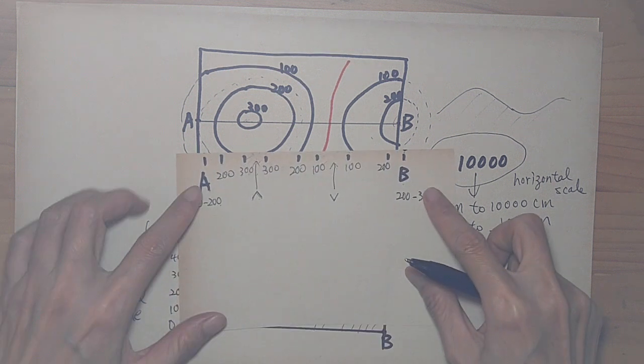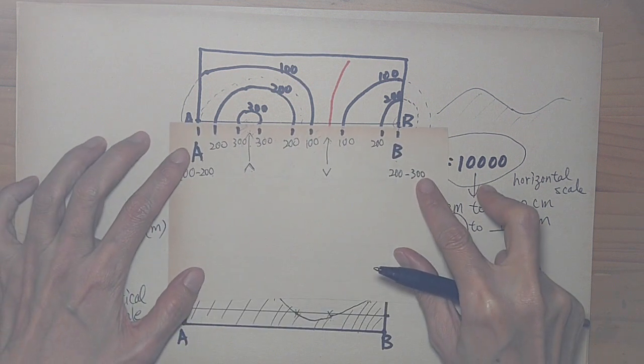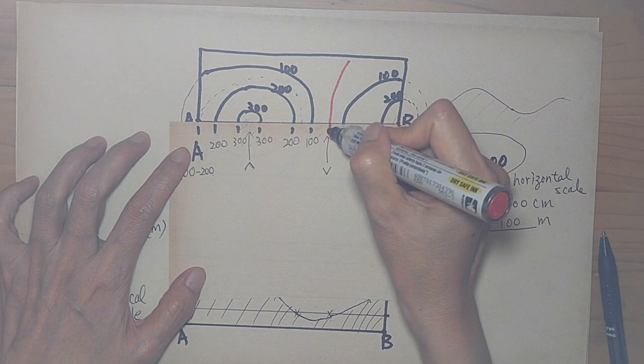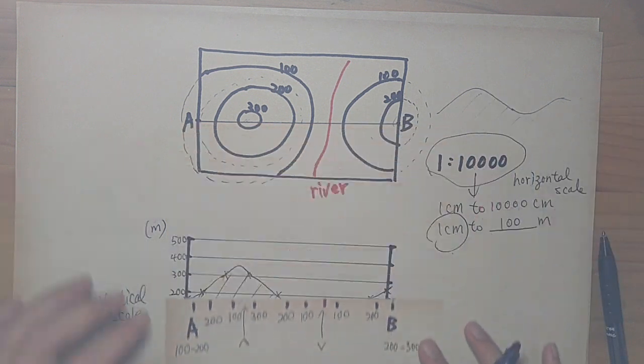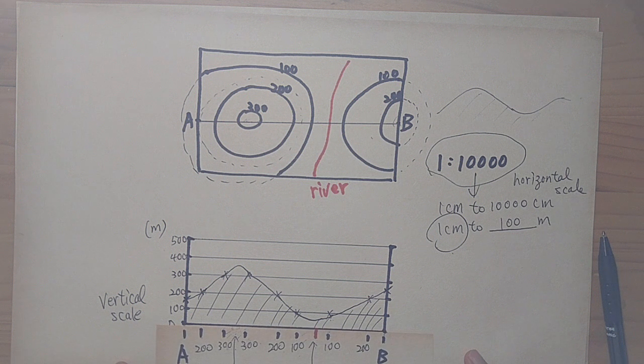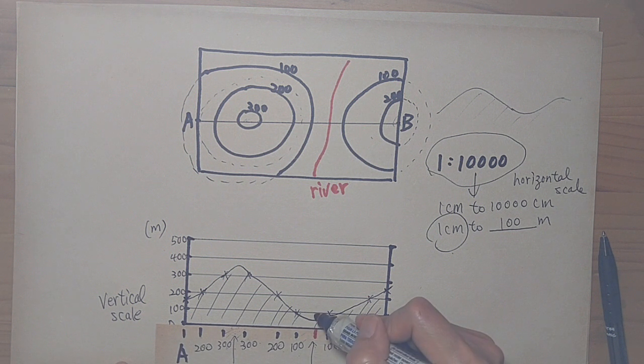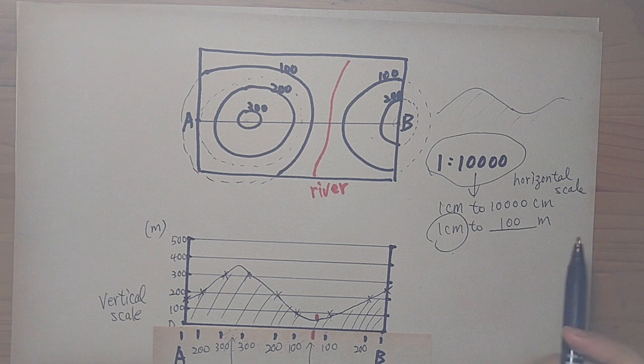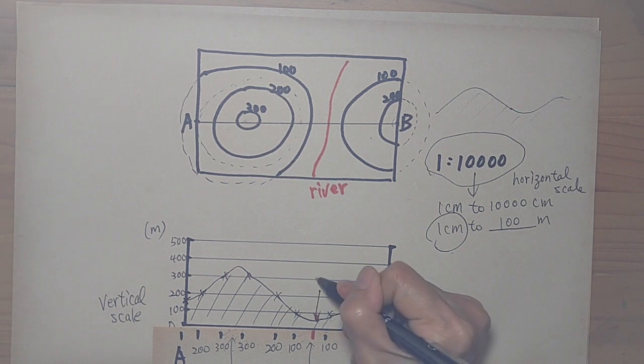So again, you use this one here, and then you mark it down. This is the river. And then you try to mark it down here. So the river, right? And then where is the river? And then you just try to mark it down.